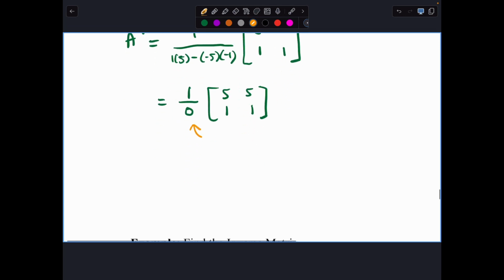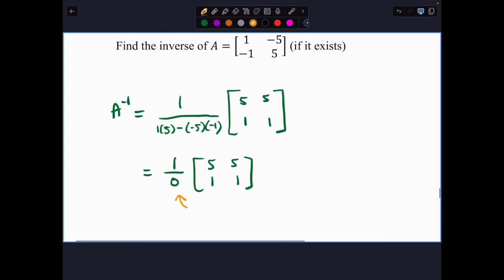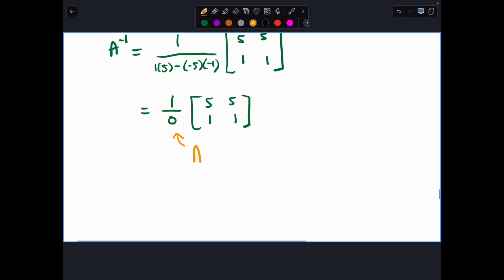So we would actually say in this case, for matrix A, that A is not invertible, and therefore A is singular. I would just expect you to be able to say that A inverse doesn't exist.